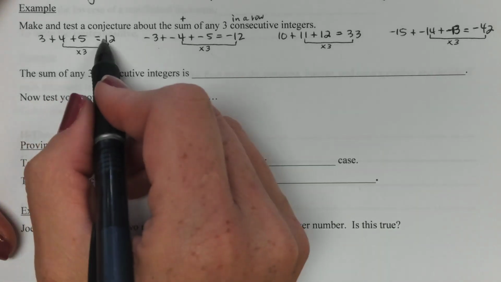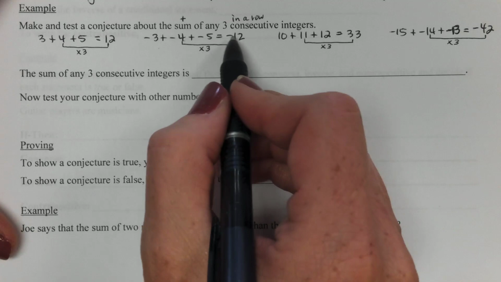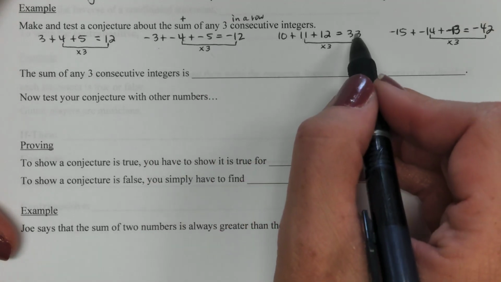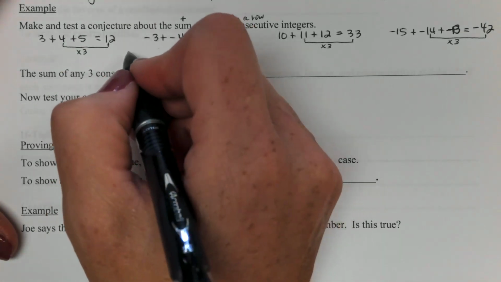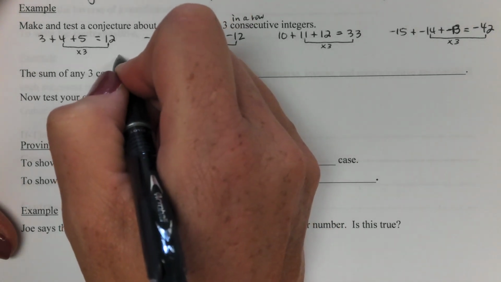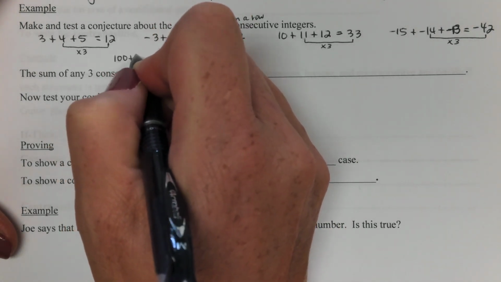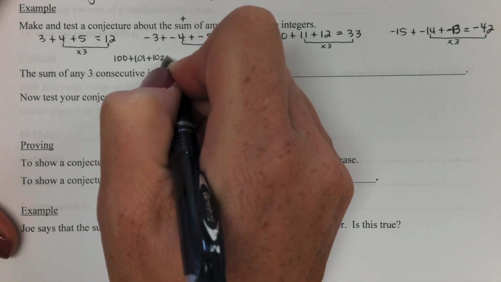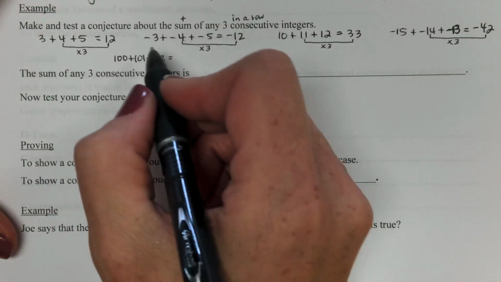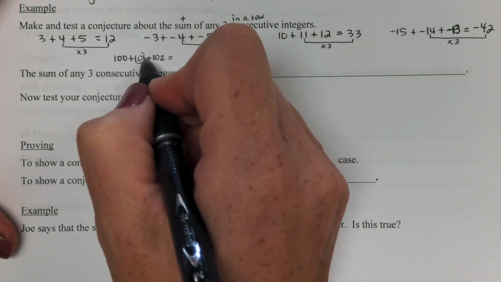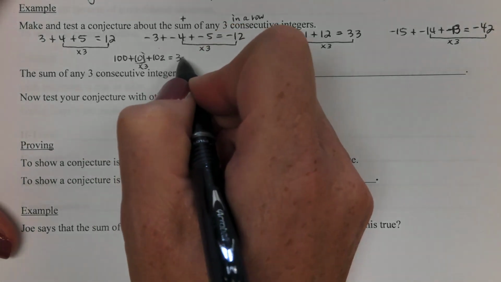So I noticed that's how they're related. I've got a relationship between whatever middle number I pick and the last one. So let's try it without adding. Let's pick really big numbers like 100, 101, and 102. So based on my guess, all I have to do is take the middle one, times it by 3. My answer should be 303.